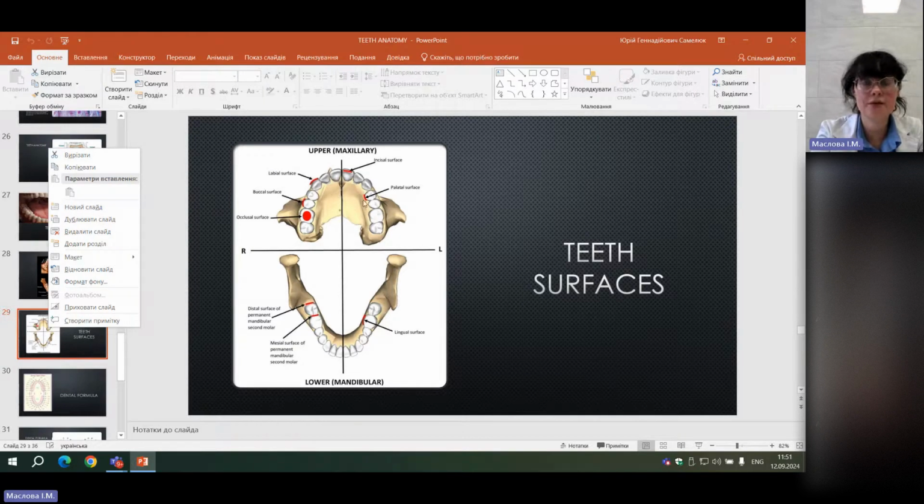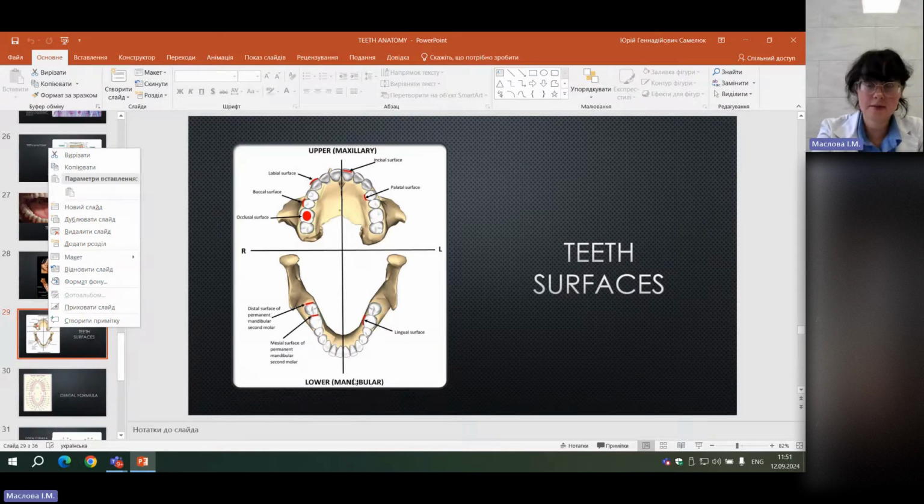Palatal surface, buccal surface and occlusal surface. More precisely, premolars and molars have an occlusal surface instead of an incisal surface that you can see on the incisors and canines.